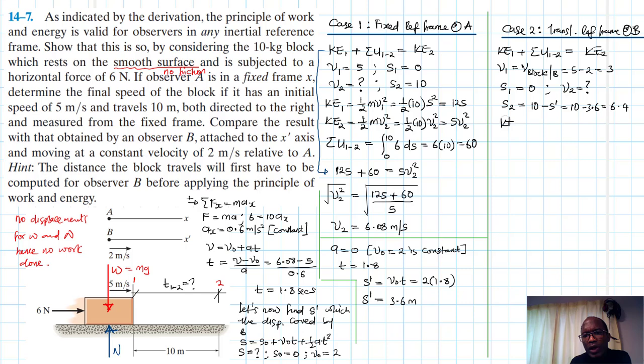So we have KE1, which is just equal to half m v1 squared. This is equal to half, we have a 10 there, times v1, and our v1 is 3. This is the relative velocity of the block with respect to B. So this is 5 times 3 squared. So we get 45 joules, right?